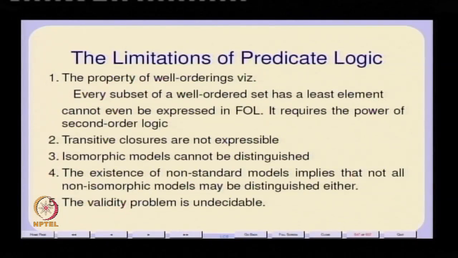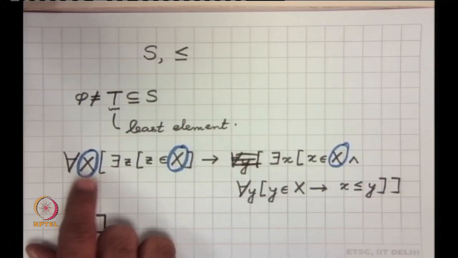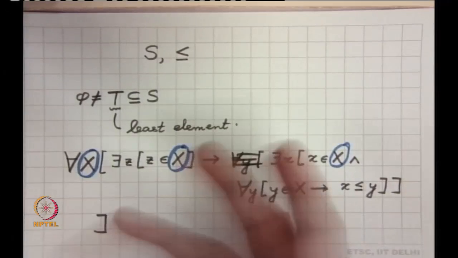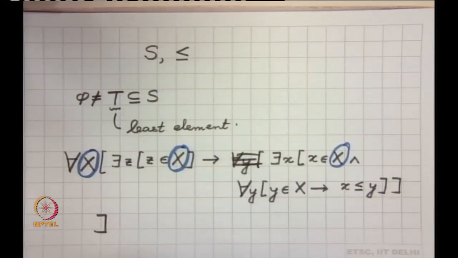And in second order logic, essentially what we are allowing is quantification over sets, or quantification over first order properties. If you were to think of a subset of S, you can think of it as a unary predicate representing a property. So, while it is true that every unary property has a characteristic set.